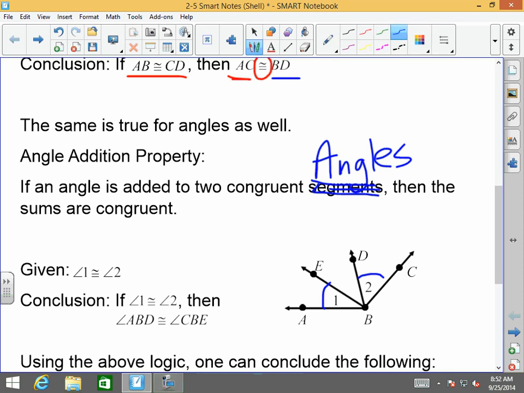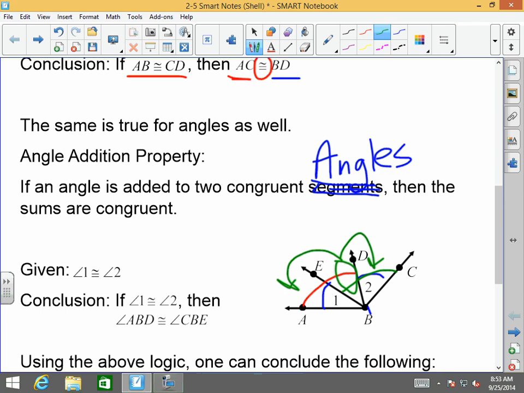Well, I know that ABE, or angle 1, is congruent to CBD, or angle 2. But if I add DBE to both angle 1 and 2, then that means that this angle will be congruent to this angle. Because I added this piece here to both this angle and that angle.